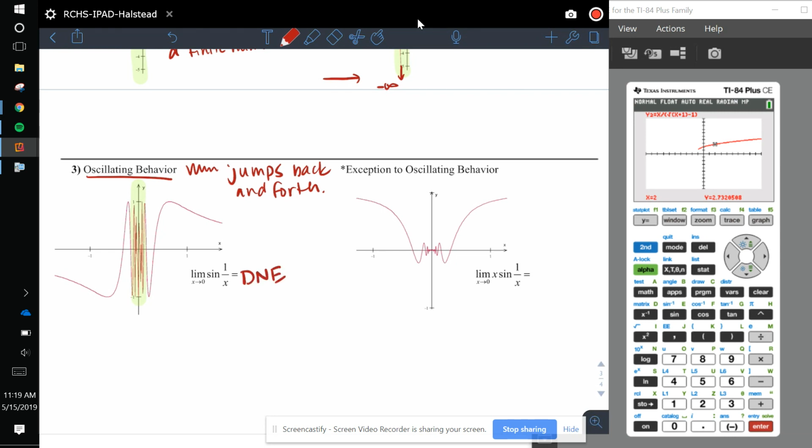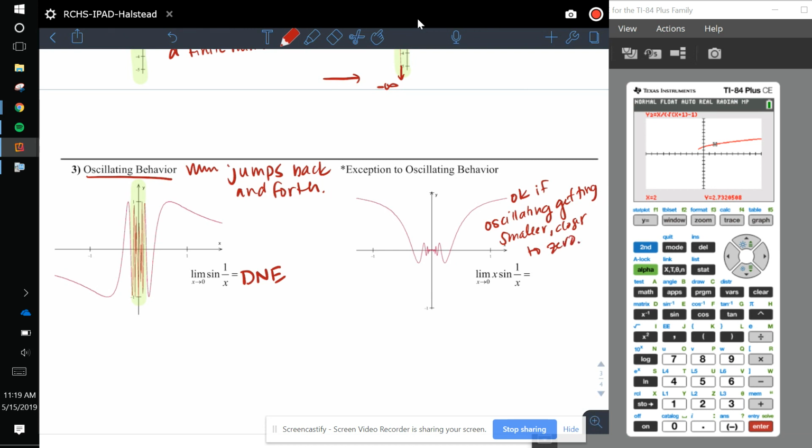There is an exception, and that's when the oscillation is getting smaller or closer to 0.